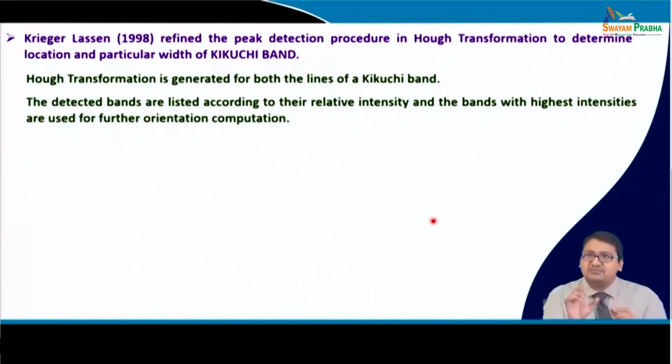So, the Hough transformation is done for both the lines of a Kikuchi band, and then for each detected band, the intensity is recorded, and each band is listed according to its relative intensity, and the bands with the highest intensities are used for further orientation calculations. So, the bands with higher intensities are used to do the orientation computation.